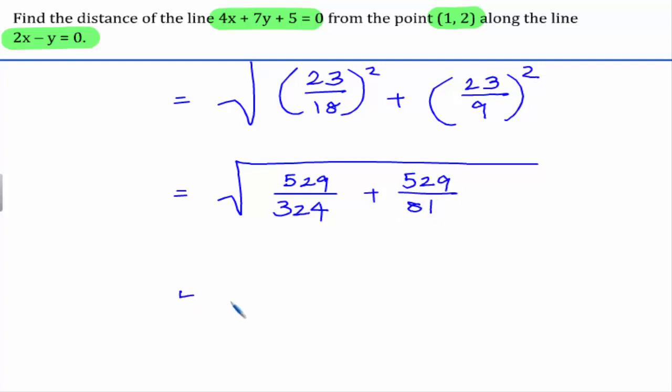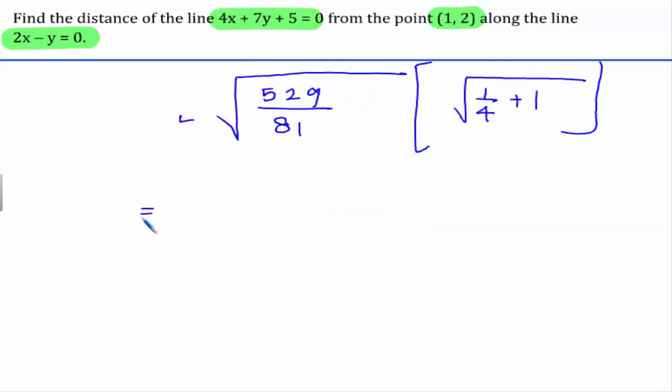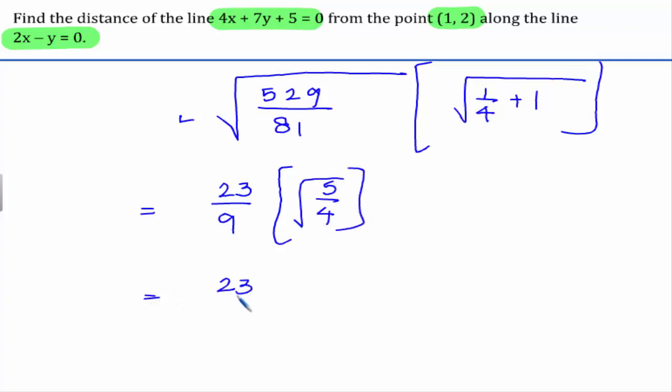Now if I take 529 by 81 as common, then I get square root of 1 by 4 plus 1. If you simplify this, this is 23 by 9 into 5 by 4. For this, square root will be there. So ultimately we get 23 root 5 by 9 into 2, which is 18.